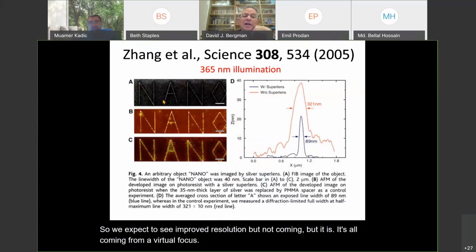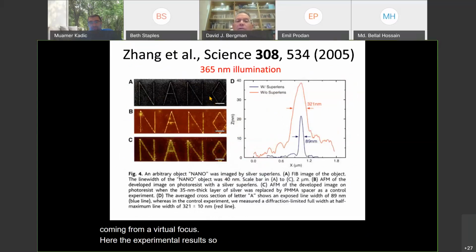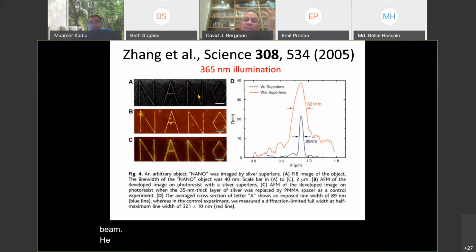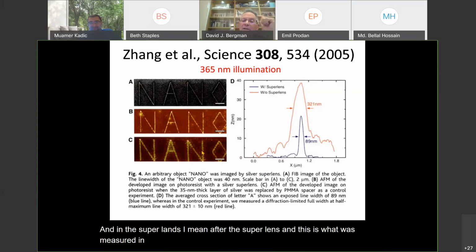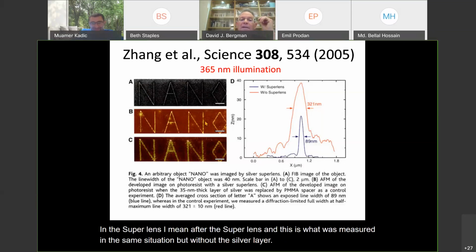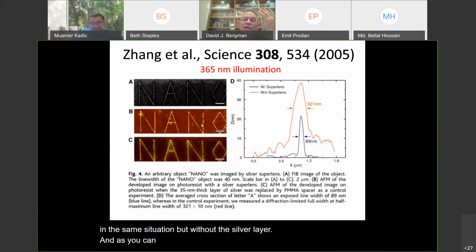Here are the experimental results. So these nano grooves, this is a focused ion beam photograph of that nano. This is what was measured in the superlens, after the superlens. And this is what was measured in the same situation, but without the silver layer. And as you can see, you don't even have to measure anything very well.